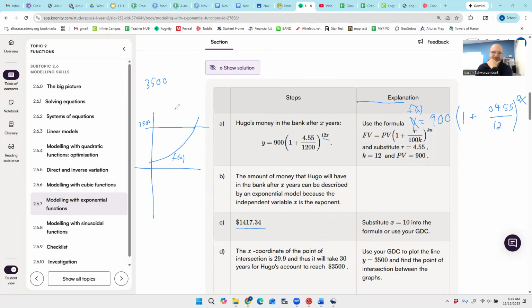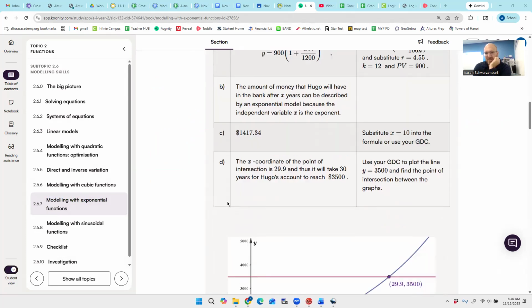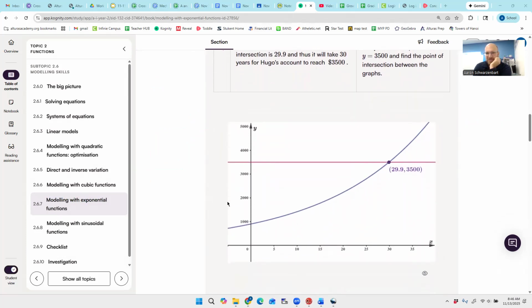And we're showing this point, 29.9, 3500. So we're going to call that 30. That's kind of what they're looking for there. You could solve that by hand with logarithms if you wanted. Oh, they did show it here.